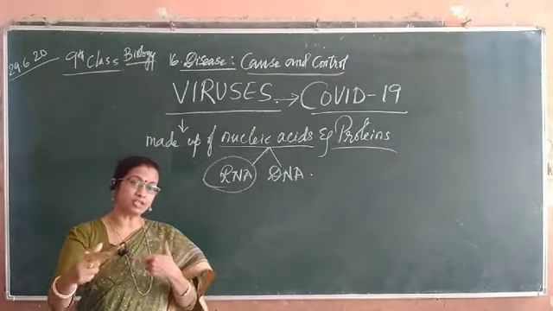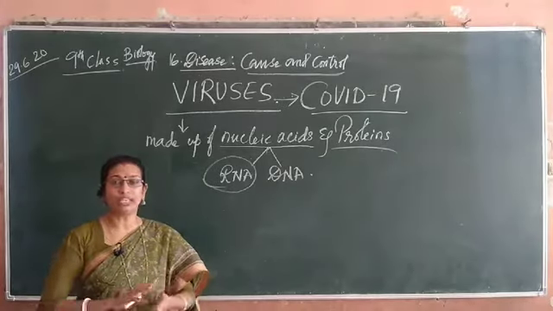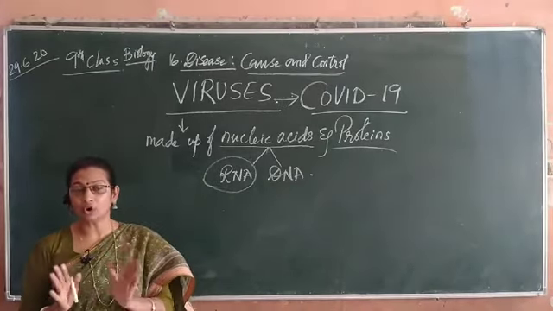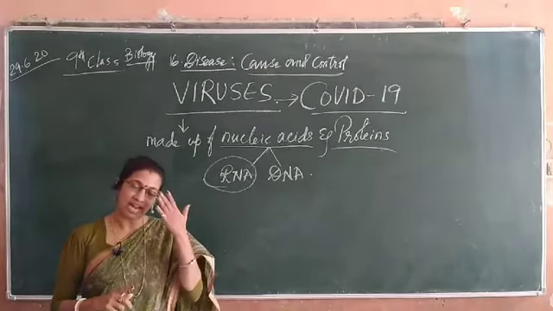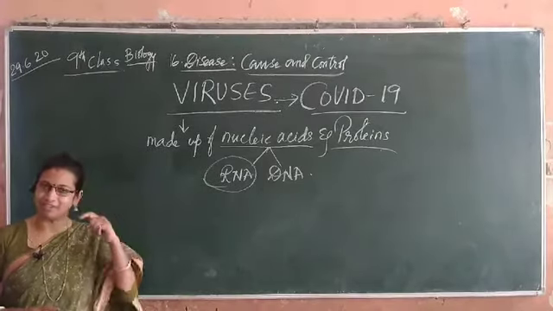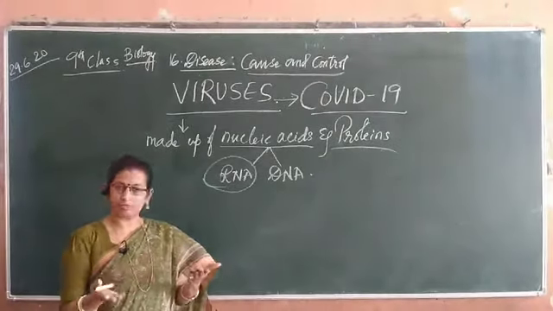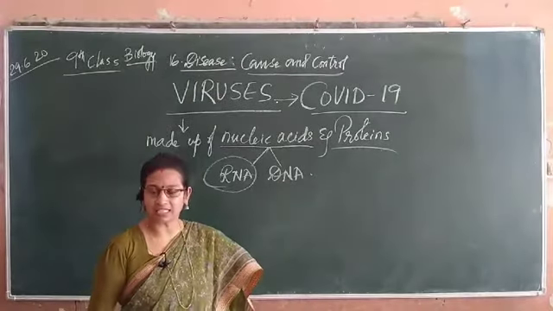We are set to follow social distancing. Person to person distance should be nearly 2 meters, and we are told to keep washing our hands, because we have the habit of keeping our hands on our eyes, rubbing our eyes, putting them in our mouth, in our nose, into our ears. So virus can be on my hands and it can enter into my body through these passages.